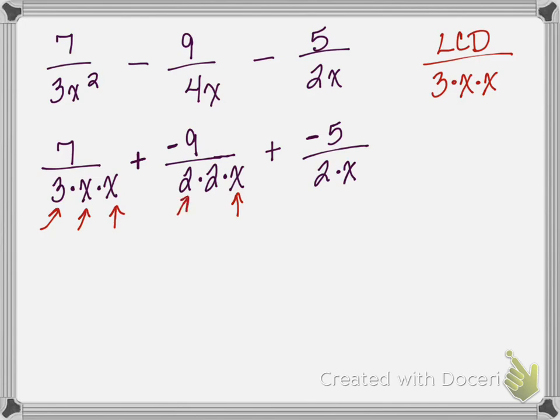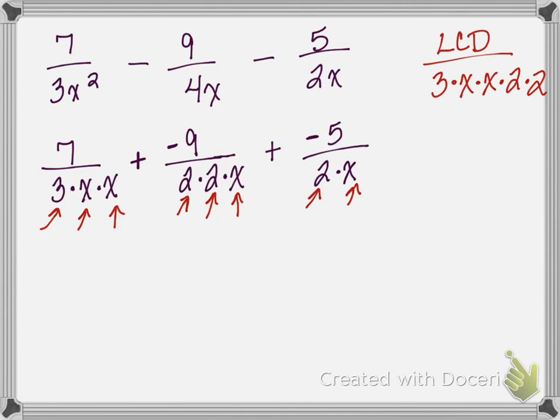Do I have a 2 yet? No. And do I have a second 2? No. So I need to write both of those down. Okay? For my third denominator, I've got a 2, but I've already got one accounted for in my LCD, and then I have an x, and I already have that accounted for in my LCD.